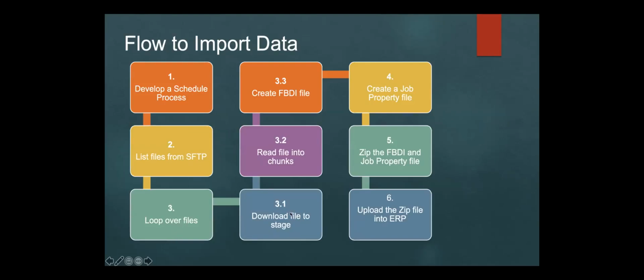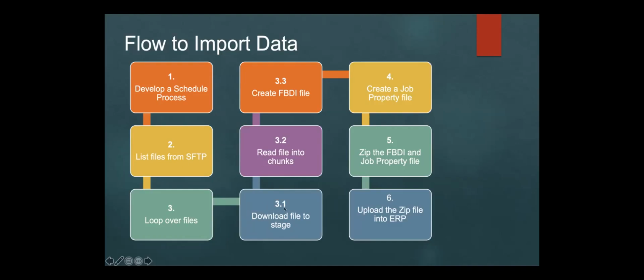And here you can first download the file to a stage. Why am I downloading the file to the stage? Because it might be possible that the file you are trying to read from the SFTP is more than 10 MB. If you try to read a file more than 10 MB, your integration may fail. So before you read the file, it is better to download the file to the stage.